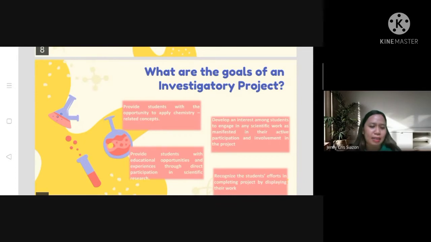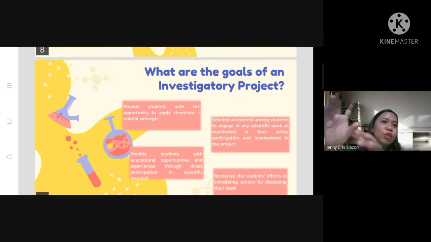So basically, it will provide the students with the opportunity to apply chemistry related concepts, especially those who are planning to have a science background when he or she chooses, no, a career path.